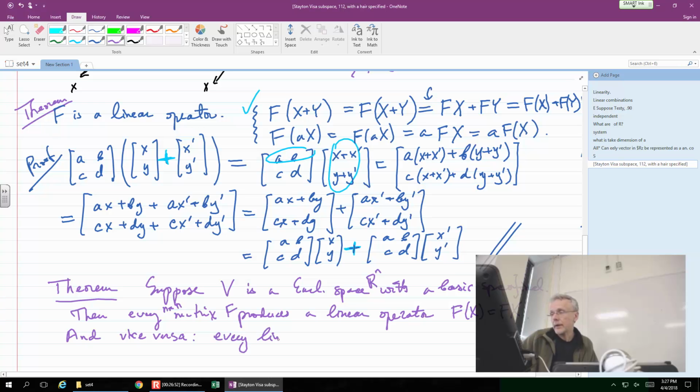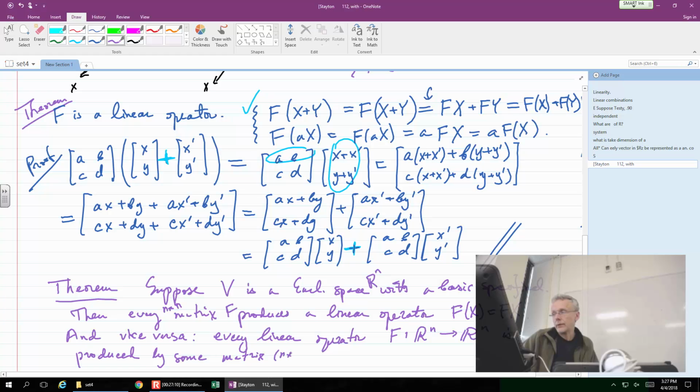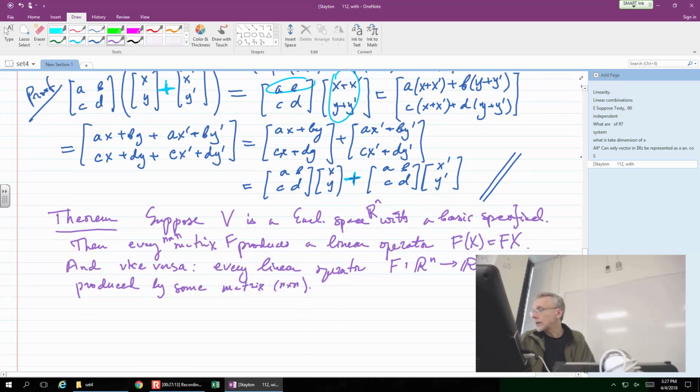Every linear operator, say f from Rn to Rn, is produced by some matrix, n by n, naturally. Okay, so that's quite a profound discovery.